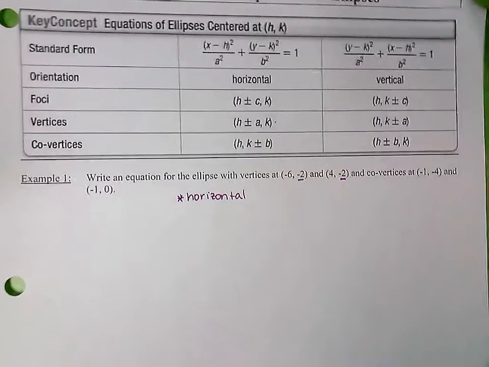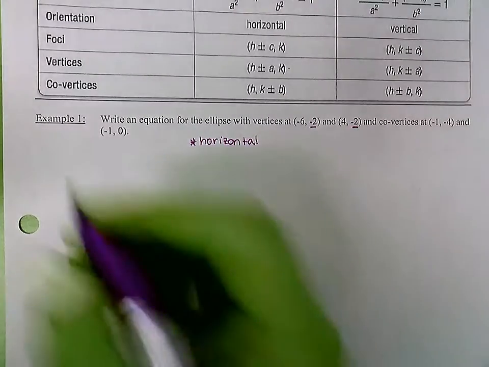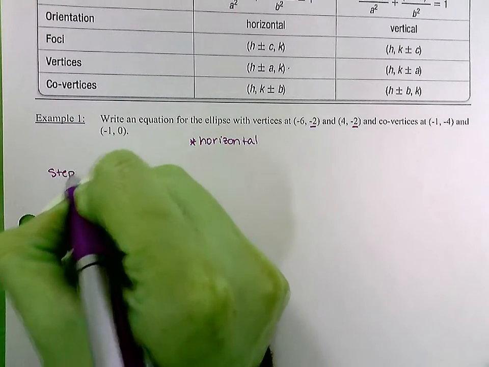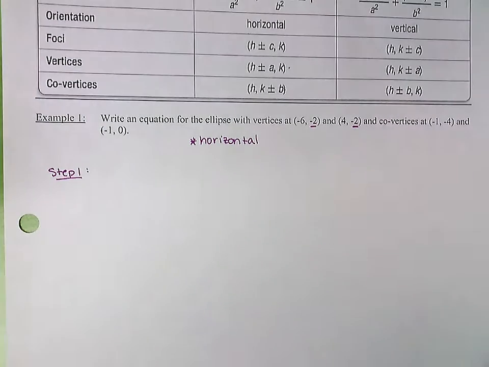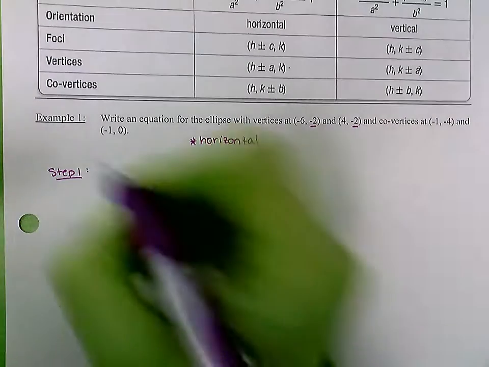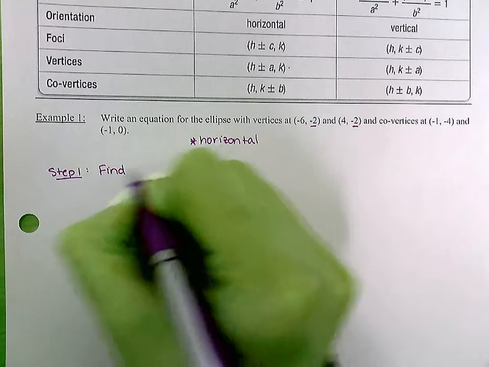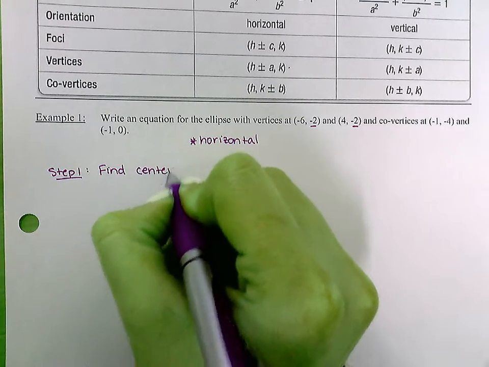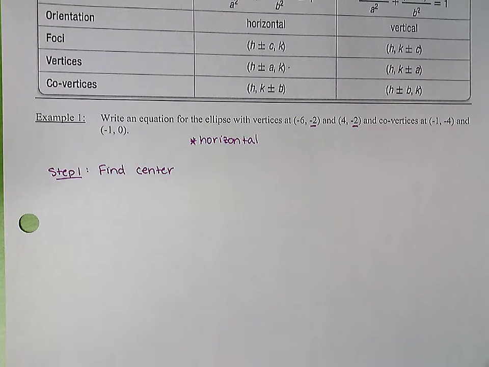Then going through our steps, we need first to find the center. Just like with our circles, our first step was to find the center. Same thing for an ellipse. We need to find the center.